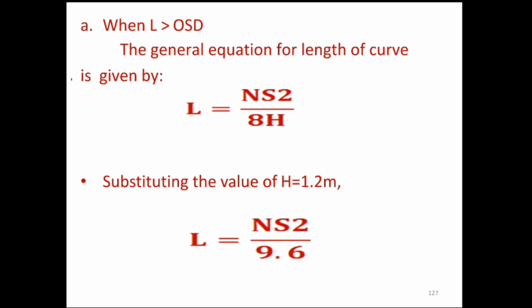So the general equation for the length of the curve is given as L equals N S square upon 8H, where capital H equals 1.2 for the overtaking sight distance, and substituting the value of H as 1.2, we get L equals N S square upon 9.6.